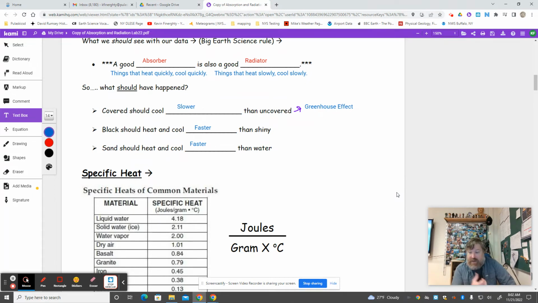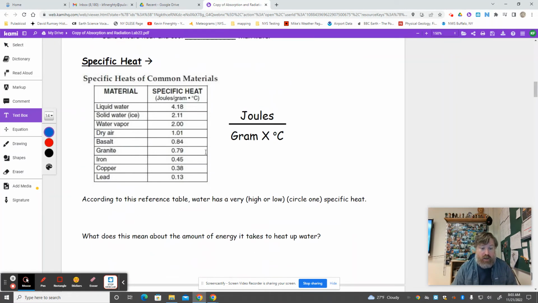It's why you use it in radiators. If you heat with a radiator, there's something in your basement to heat water, then that water goes through the house and slowly radiates its heat out into the radiators, into the rooms, right? If water cooled quickly, you'd heat it in the boiler in your basement, it'd travel across the basement and lose its heat like that. And then that wouldn't be a very good heater, would it?